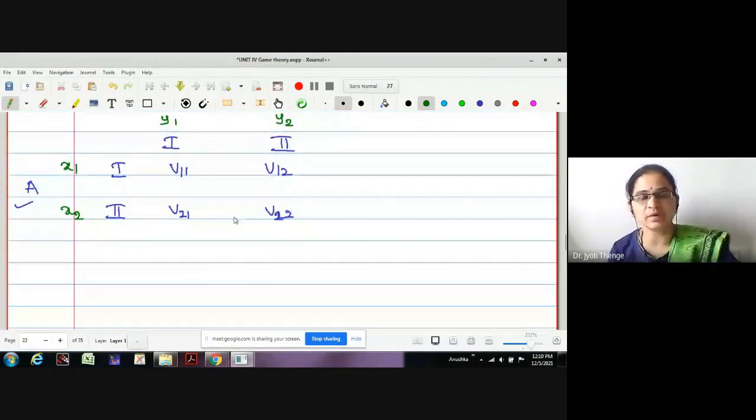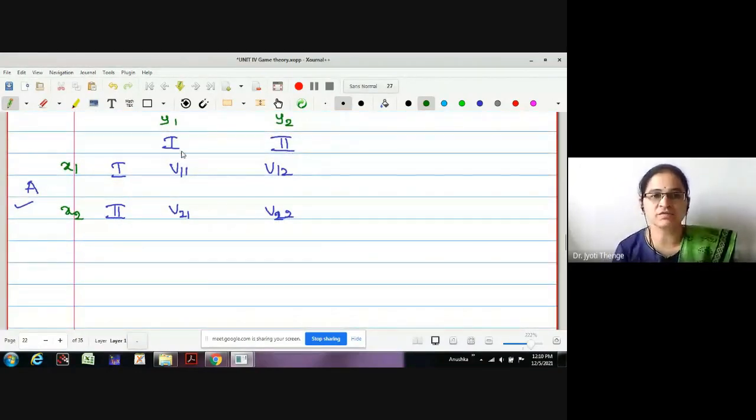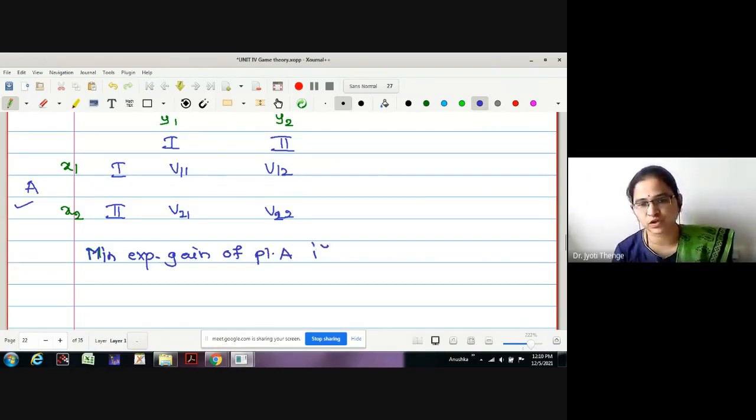What will be the minimum expected gain of player A if B chooses the first activity? Is that okay?